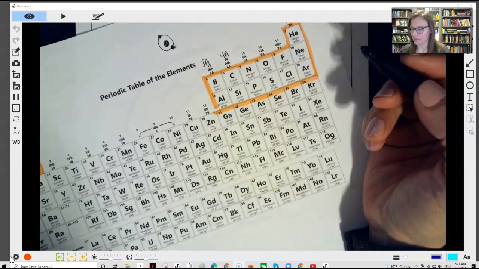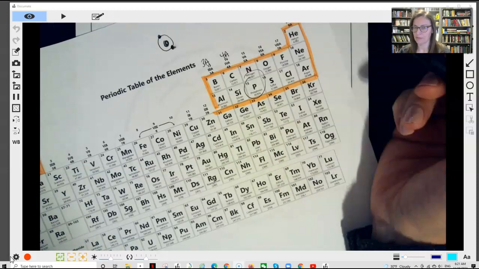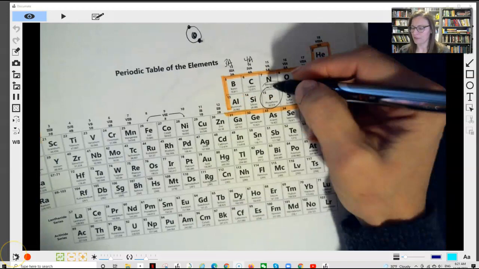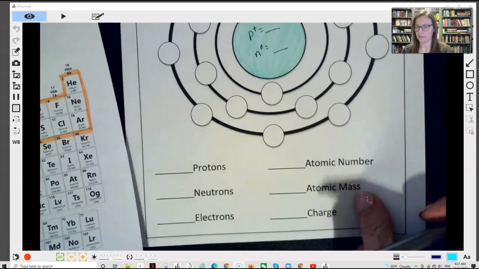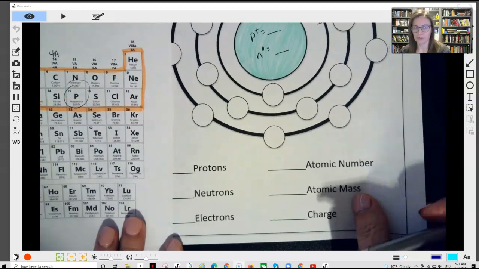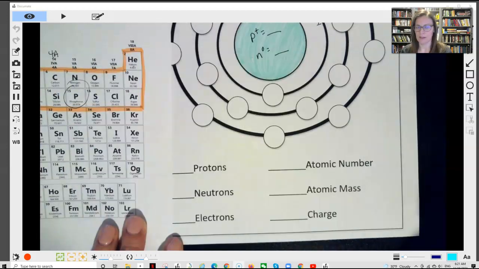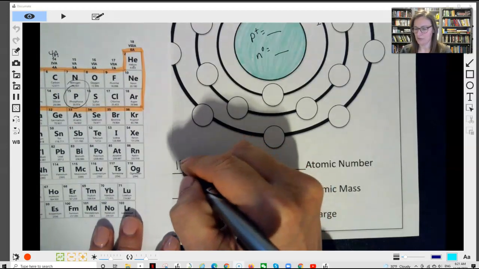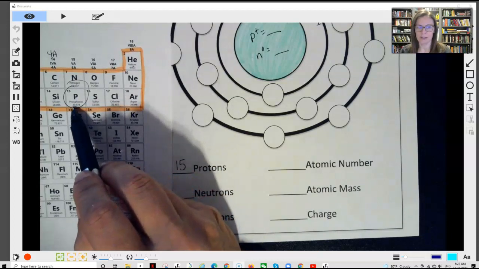All right, for example, let's pick phosphorus. Okay, so phosphorus has, we go over here, 15 protons, right, because the atomic number is 15. And the most common isotope of phosphorus is going to be phosphorus 31, right?